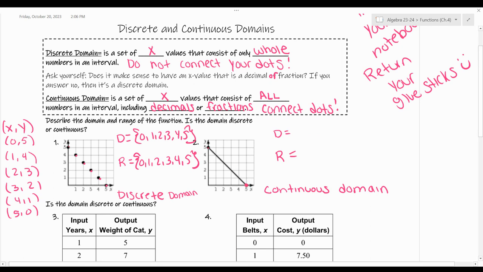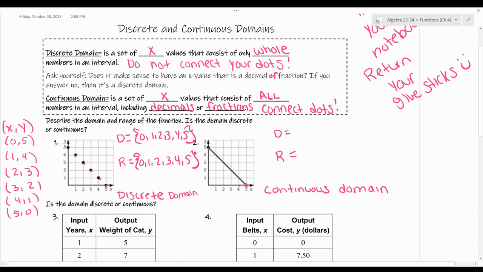I'm going to look if there are x values that are more than it or less than it. So does it go past this dot? What I see is that my line does not go past my x value of 5, which means I don't have an x value of 6. I don't have an x value of 7. It stops at 5.